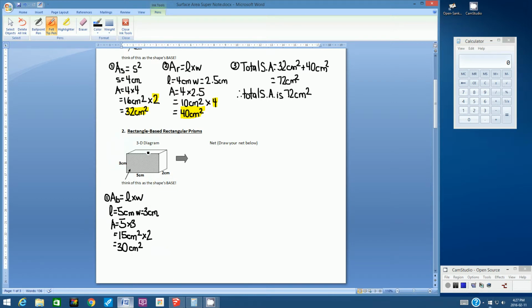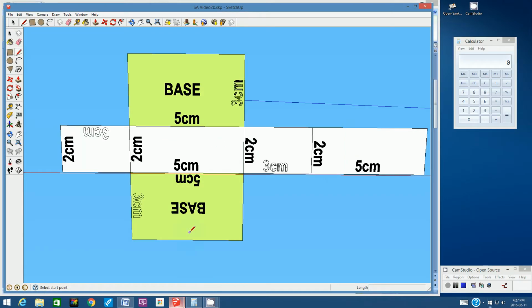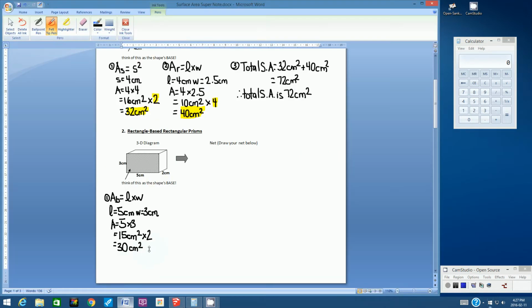So how about now we look at the top and the bottom. The top and the bottom are going to be the same. So the top and the bottom would be this rectangle here and this rectangle here. Notice the dimensions are the same, 5 by 2, 5 by 2. So let's use that as our second rectangle. So if we go to the second part of our solution, we go area of rectangle 1 equals length times width.